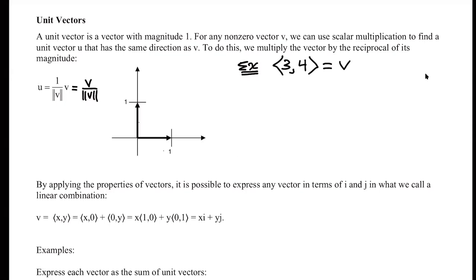If I want the magnitude of that, I'm going to look at the square root of 3 squared plus 4 squared. That's going to be the magnitude of v. So you get 9 plus 16 is 25, the root of which is 5, just plain old 5.